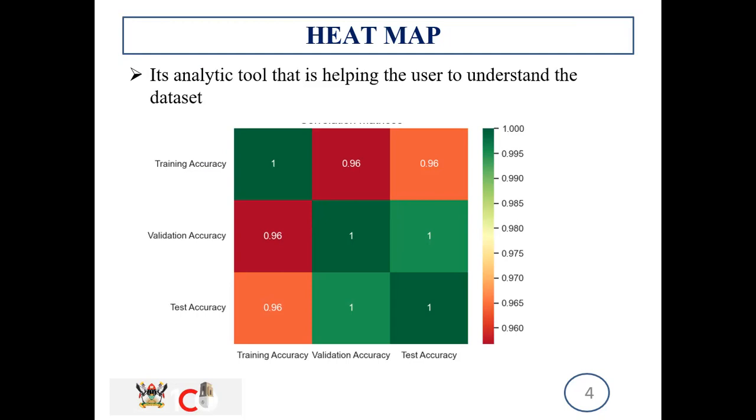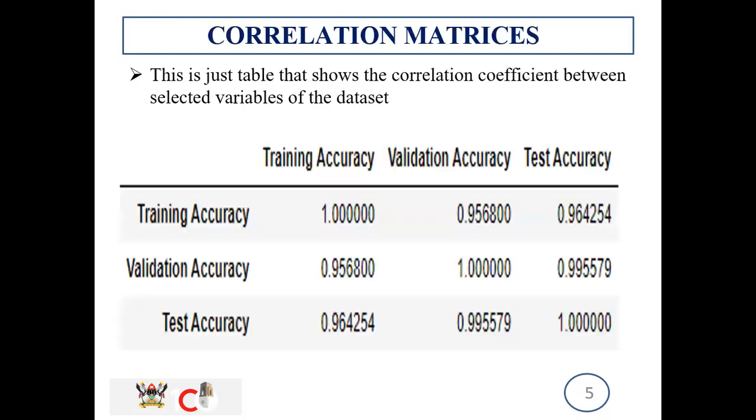The heat map is just an analytical tool that helps the user understand the dataset, since the dataset contains a lot of components. So to simplify for the user, we represent it by the heat map. Then correlation matrices, I'm simply identifying those key variables which I'll use depending on the classes in my dataset.